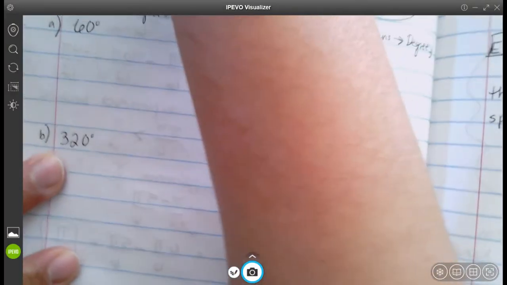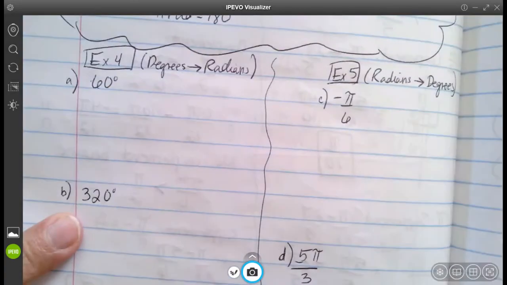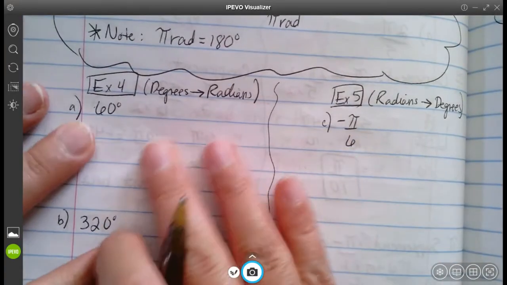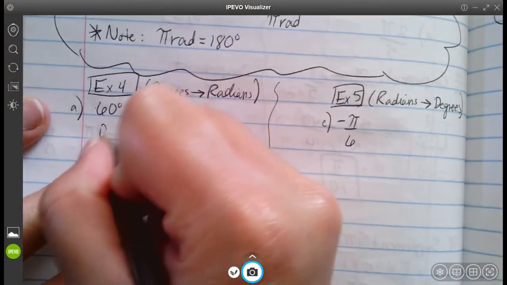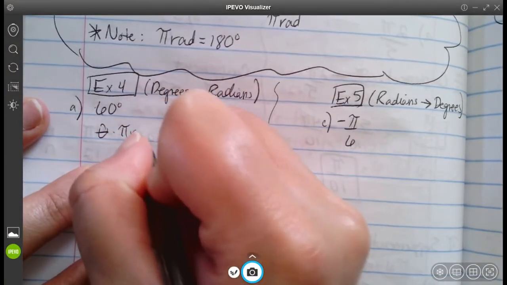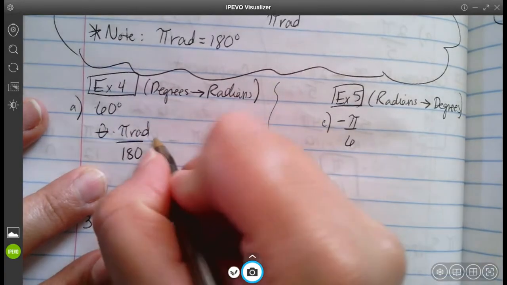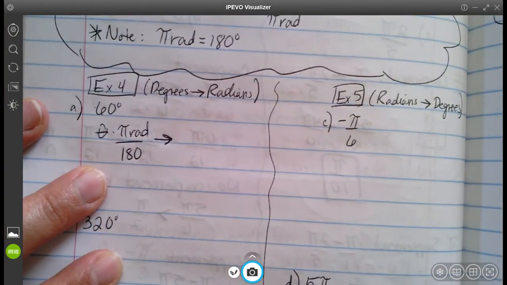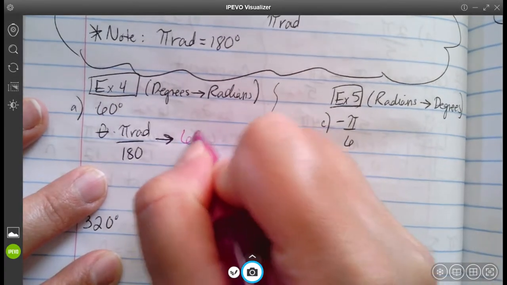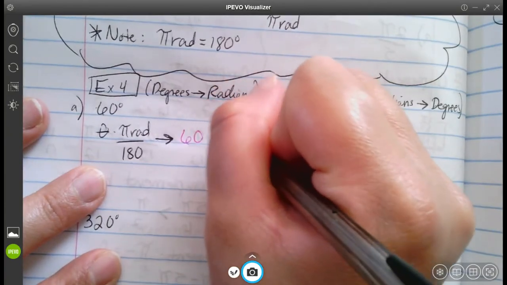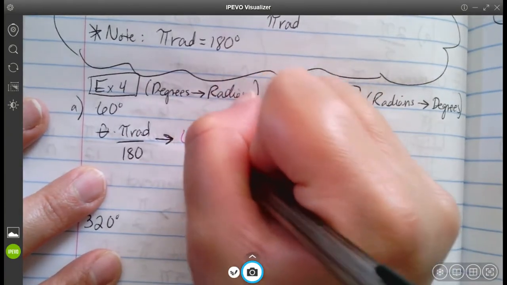Let's do some examples. These are not that bad. Let's just do these pretty quickly. So number 4, degrees to radians. I'm looking at theta times pi radians over 180. We plug in our degree measure, which is 60. So 60 times pi radians over 180.